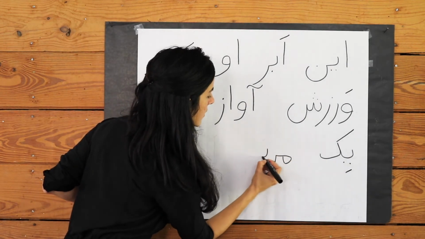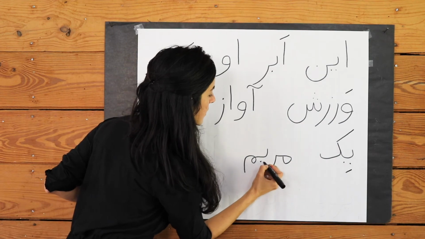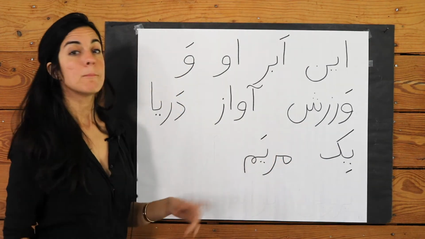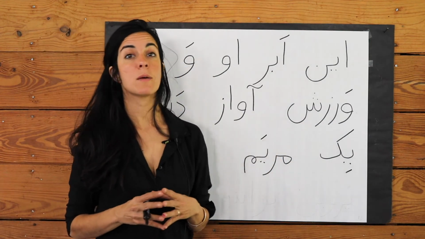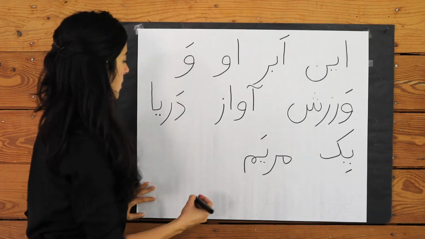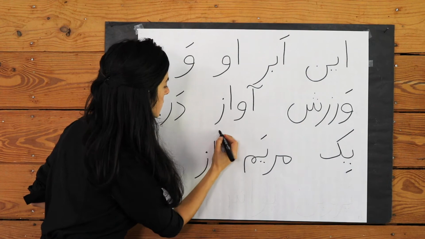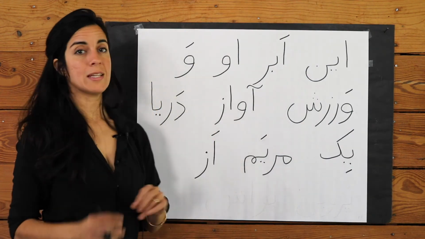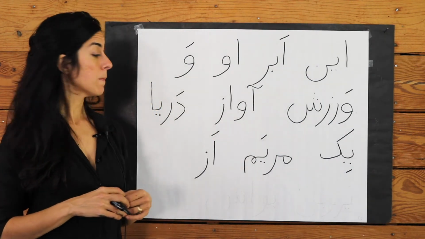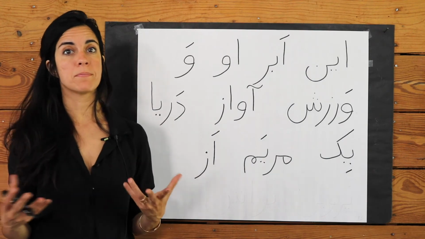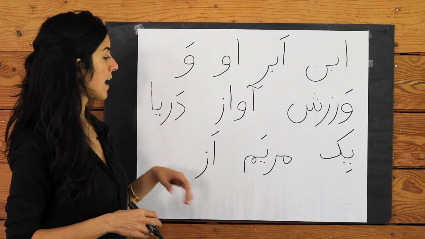And now our ye sound with an accent above it, Maryam. Maryam, a very popular girl's name. An a with an a accent becomes a, and this is as, from, a very common word.